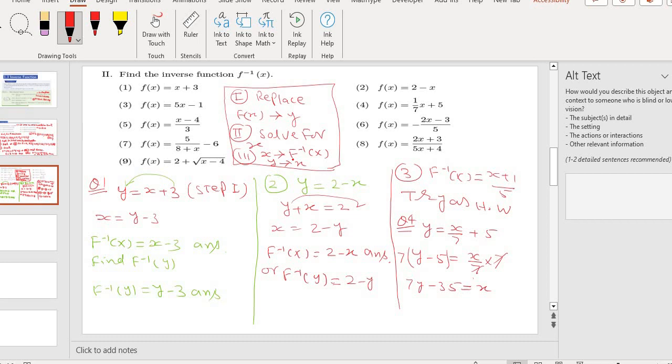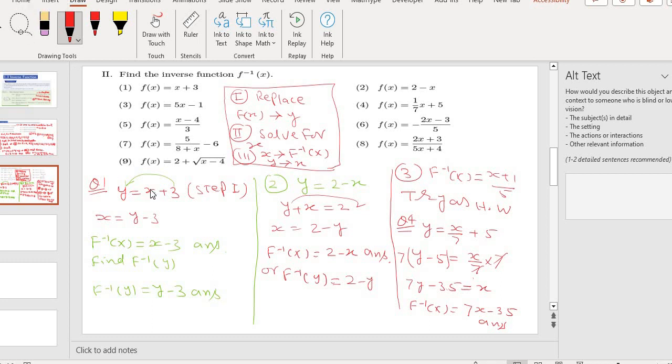This is your step number 2. Step number 3, change x as f inverse. So f inverse of x equal to 7x minus 35, changing y as x. This is the answer of question number 4.